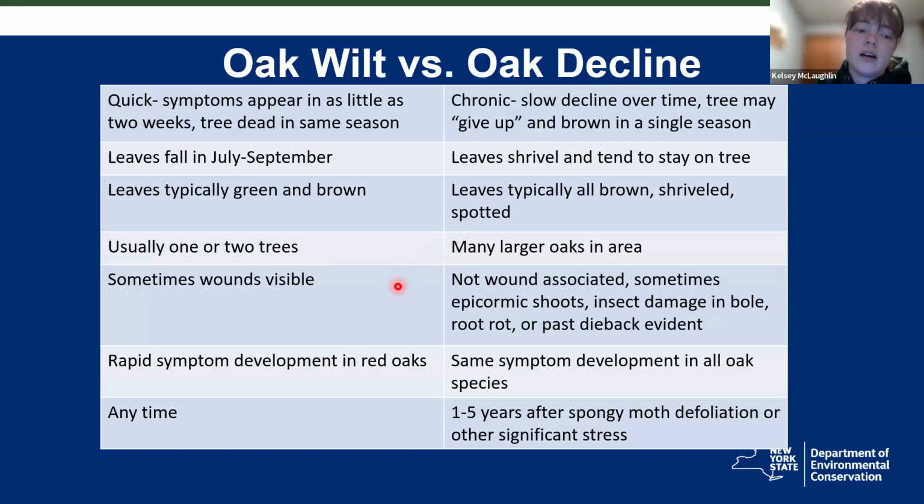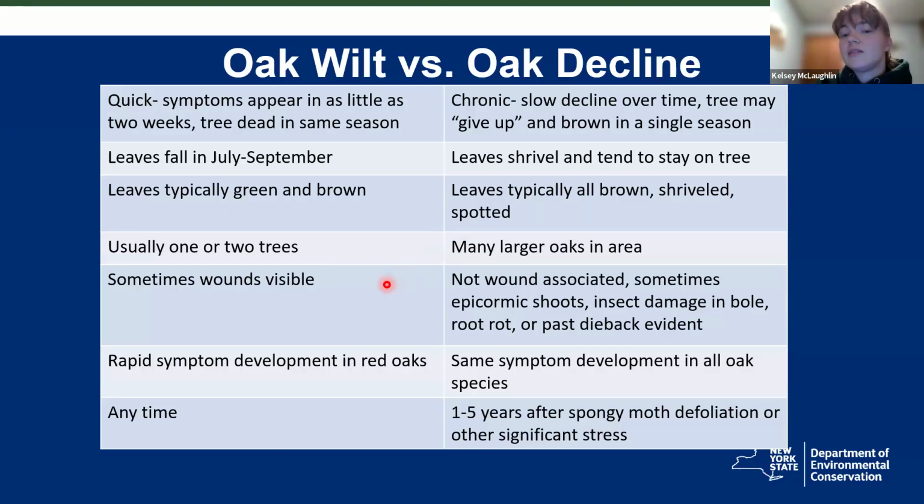With oak wilt, sometimes there's wounds visible. So there might be pruning wounds or spike wounds or where that guy hit the branch with his cab. It's not always visible because sometimes the wounds are way, way up in the branches from storm damage or whatever. But if I can walk up to an oak and see a wound, I always have oak wilt in the back of my mind.